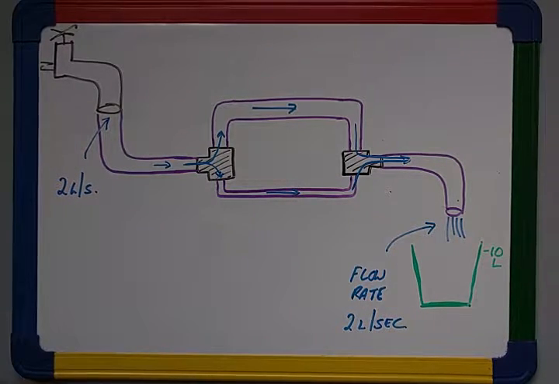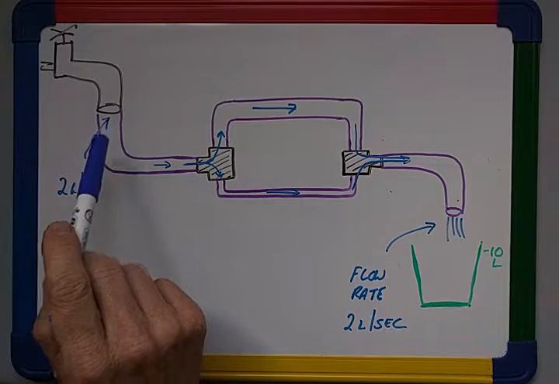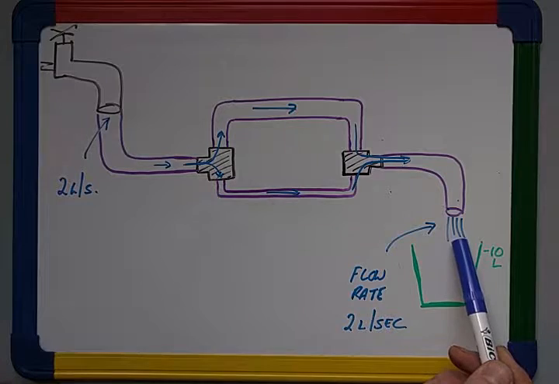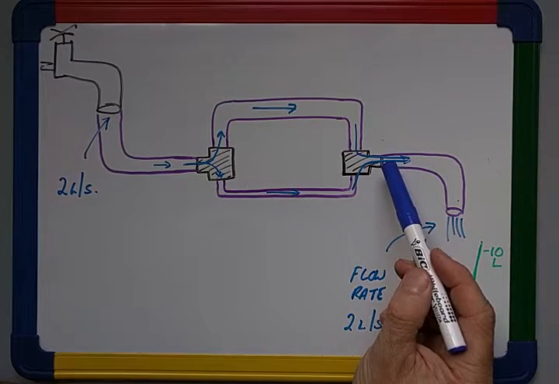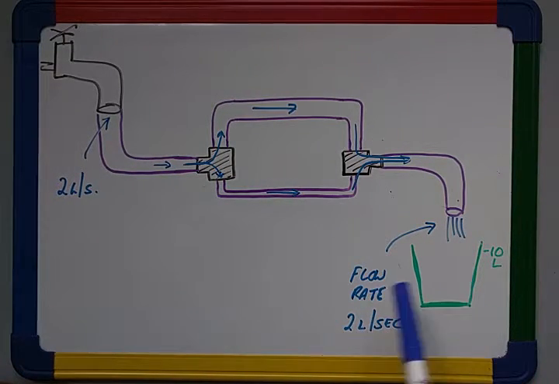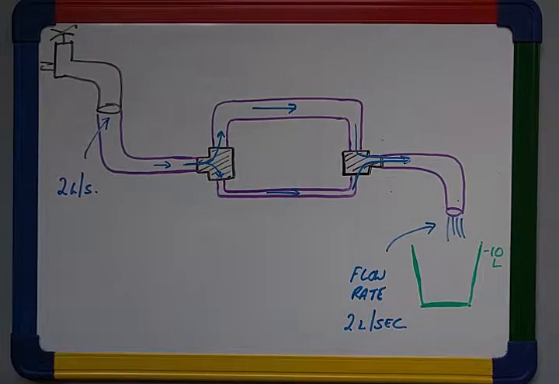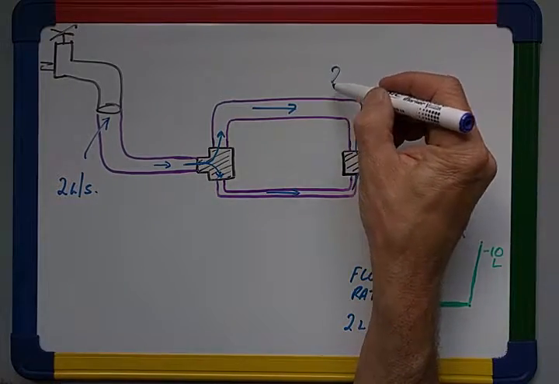Now the question is, we know that the flow rate here must be 2 litres per second, the same as it is here, because if 2 litres leaves the end of the hose every second, there must be 2 litres entering the hose from the tap every second. The question is, what is the flow rate here?